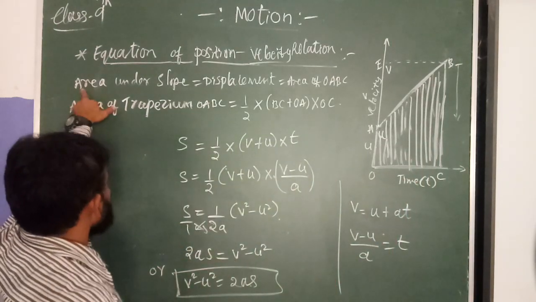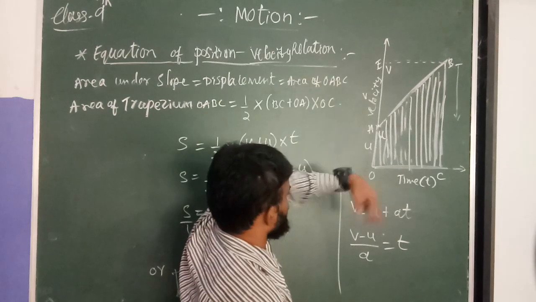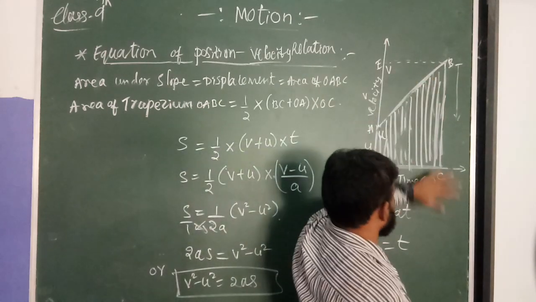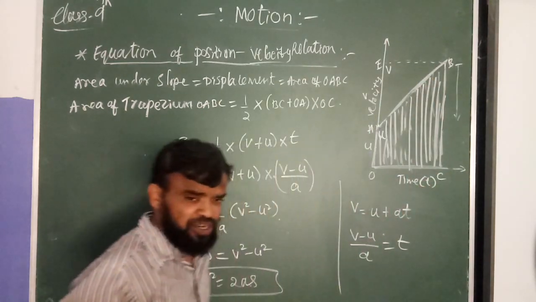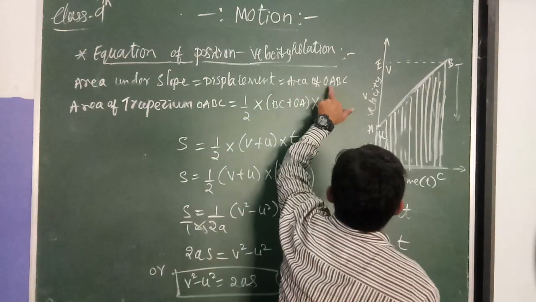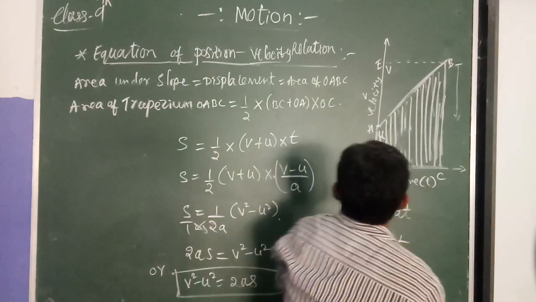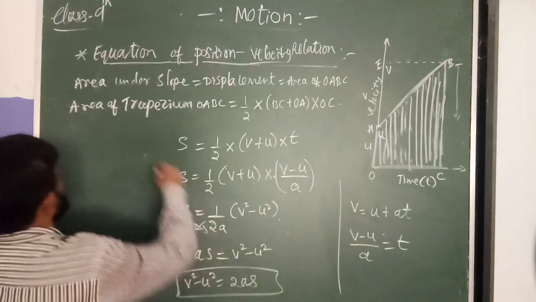See, area under slope is equal to displacement, the area under the curve, inside the trapezium, the four-sided figure. Under the curve we are finding the area of OABC.